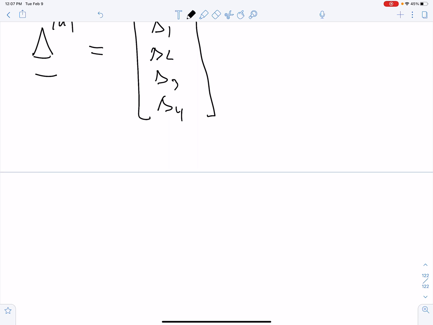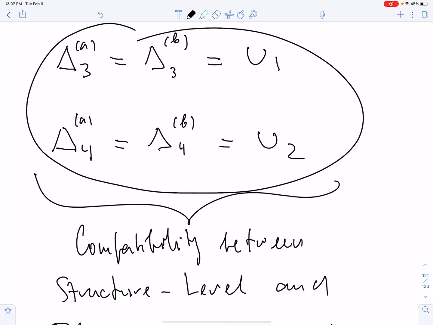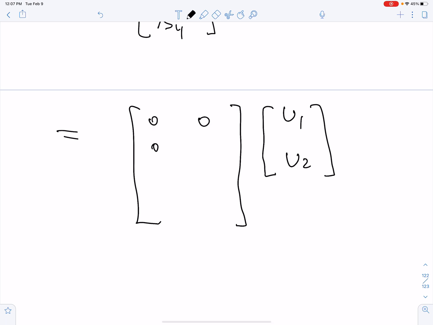Okay? And what you find is another way to write these equations is to again re-express things in a matrix vector form. U1, U2. The first two are restrained, so nothing happens here. Then U3 must equal delta 3 must equal U1, so you get a 1 here, and delta 4 must equal U2. Okay, you get a 1 there.